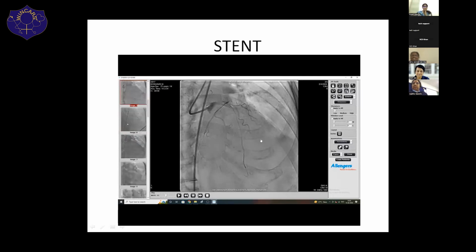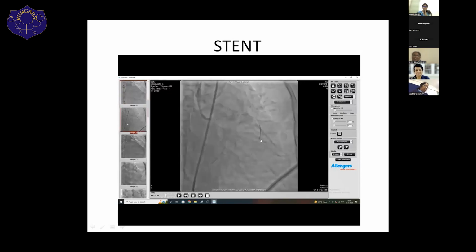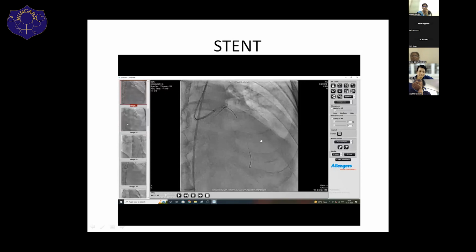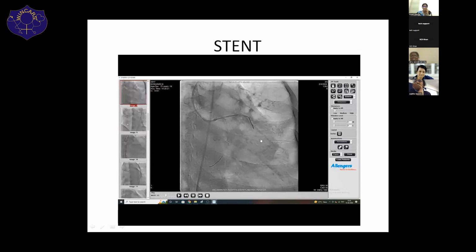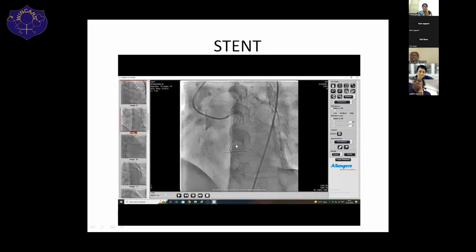So I just wanted to know in what way could we modify calcium in this case apart from the cutting balloon. IVL, because if the calcium is high, we may not be able to cross it, or since this is LMCA, we may not be able to dilate it for long. So I just wanted to ask the panelists and seniors how we might deal with calcium in this case. These are the PTCA videos that we have done.